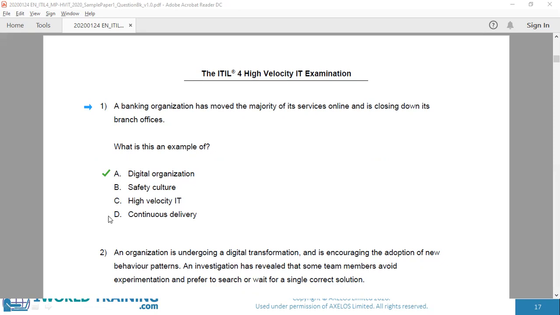Continuous delivery, that relates to how software is released. Continuous delivery means the built software can be released to production at any time, which means if there is continual delivery, it can also maybe enable continuous deployment, which means automated deployments.